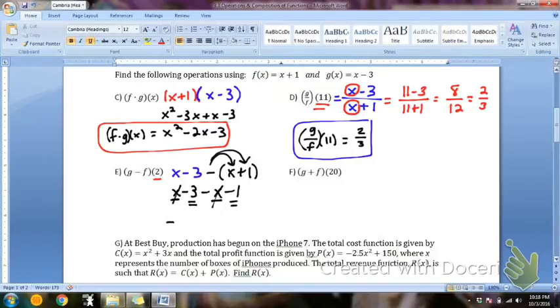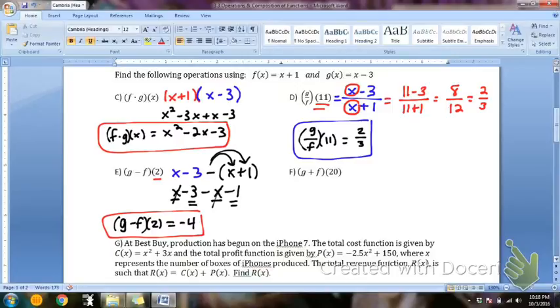Negative 3 minus 1 is negative 4. We always put our label on, g minus f of 2. In this problem, I didn't have a variable left to evaluate at 2. What this means is whatever number you plug in, it doesn't matter because you're not going to have a variable left over to plug in. The answer is going to be negative 4.